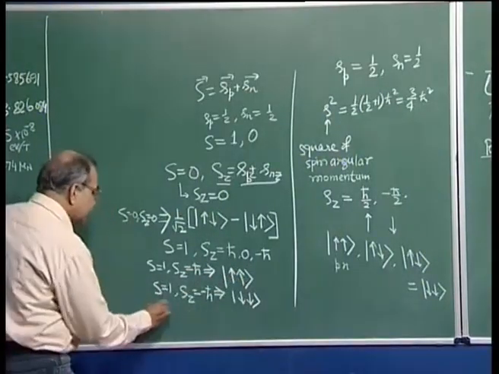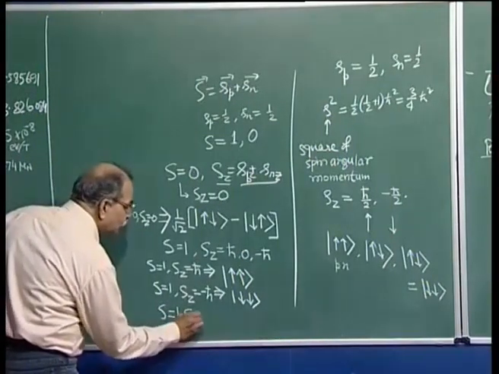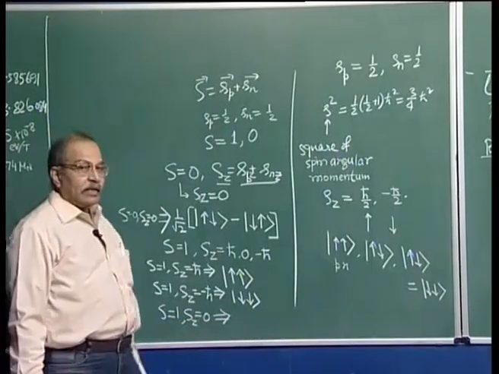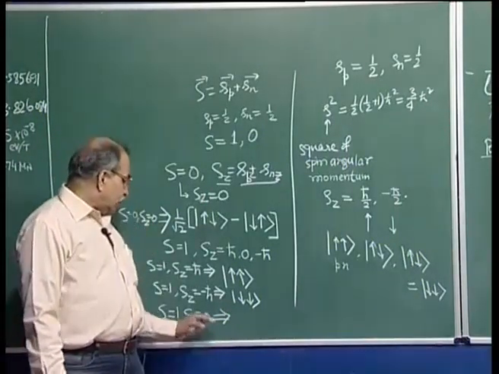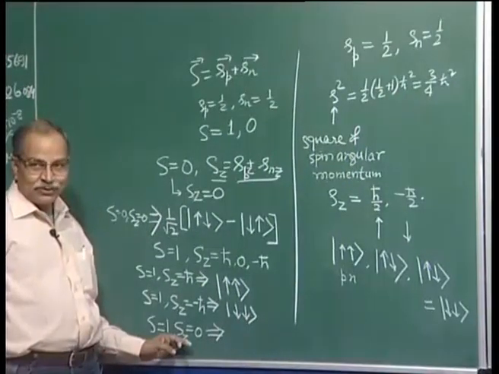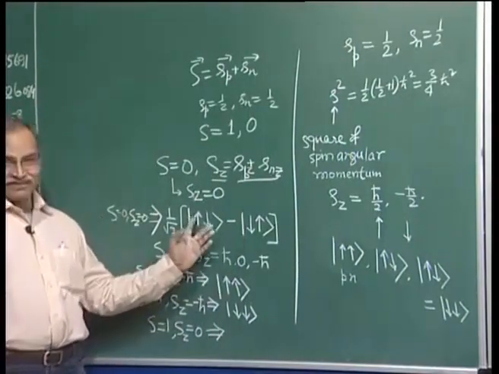But then there is yet another state, which is S is equal to 1 and Sz is equal to 0. And here one has to be up and one has to be down. So, once again it will be a combination of these two, but different from this.